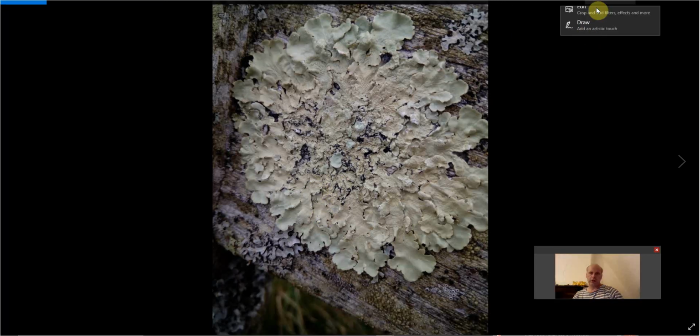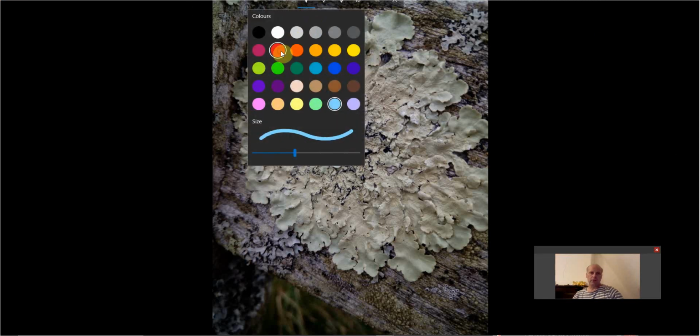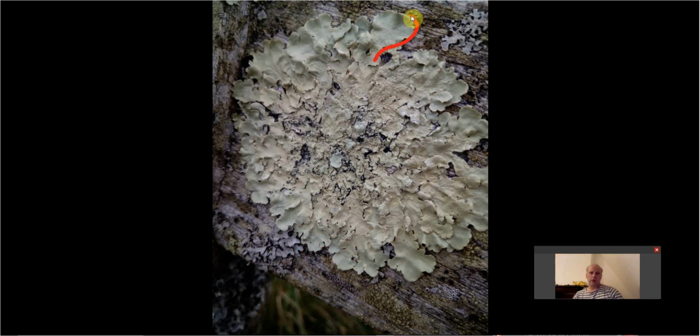Let's look at this one first, and I'm just going to draw over it and show you why I took these particular photos. This is a lichen on a rock on the cliffs. It's got some lovely patterns, almost fractal.